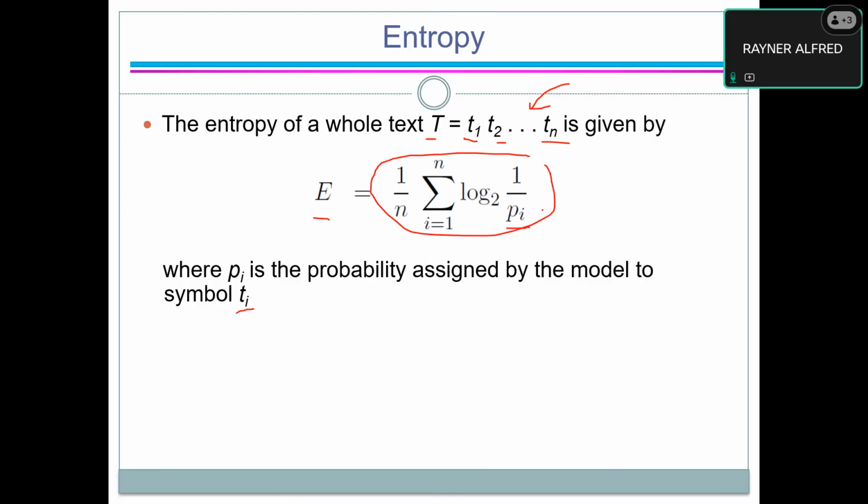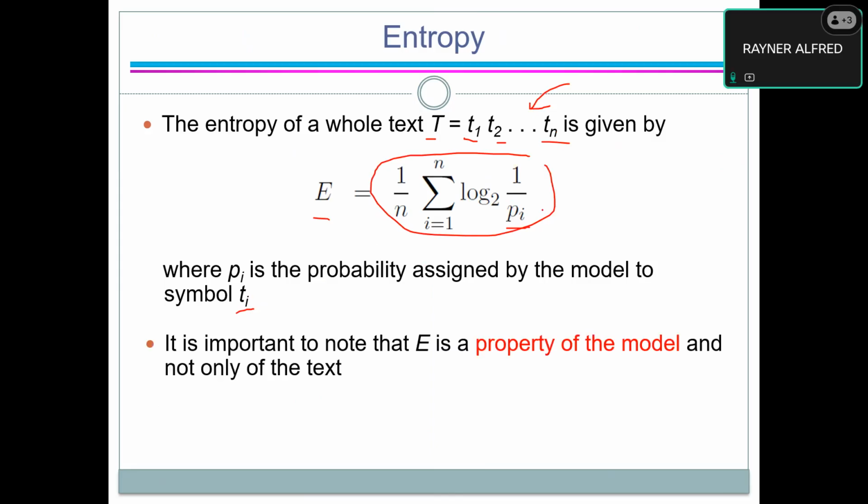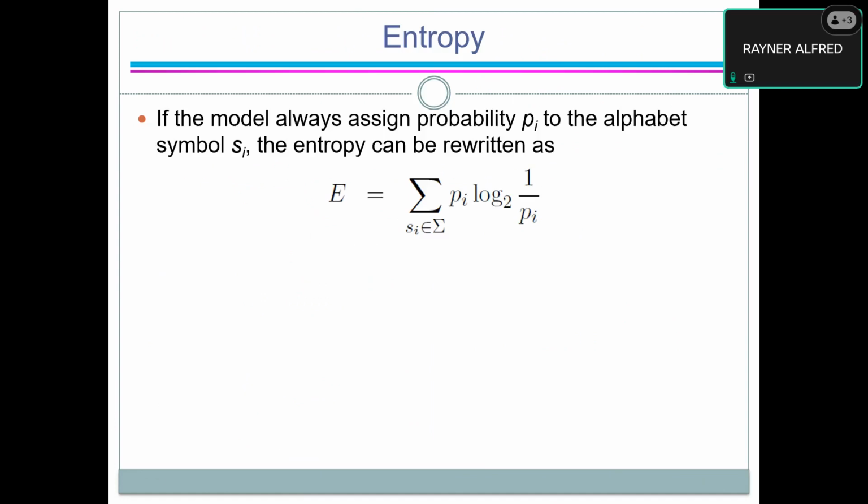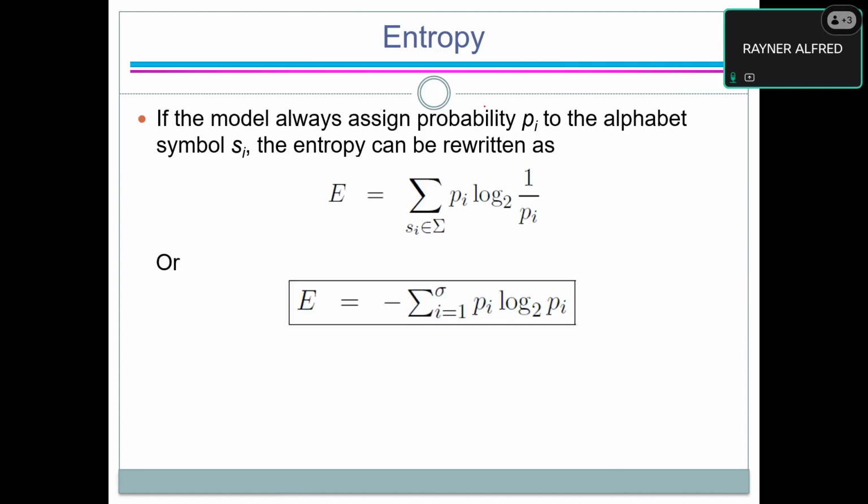It is important to note that E is a property of the model. That means it depends on what words you use for the model that we have. And this entropy formula can be rewritten to this.